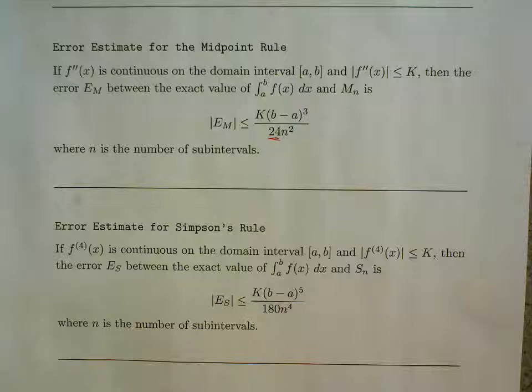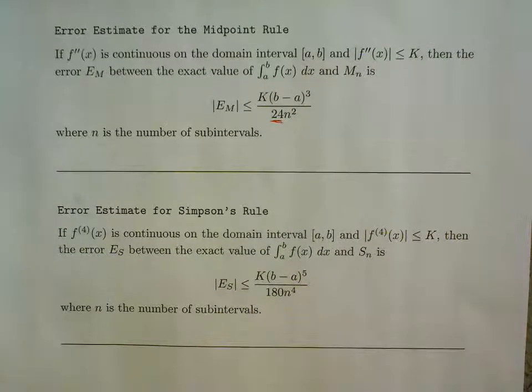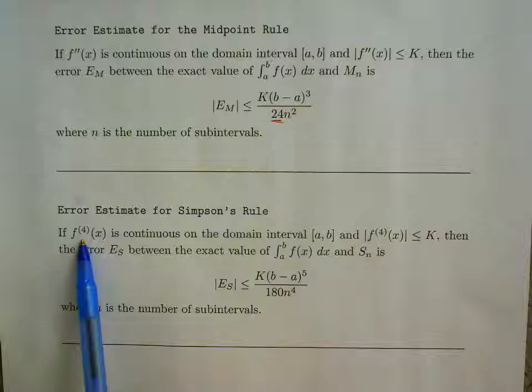Okay, the error estimate for Simpson's rule. Well, this one requires a little bit more work. This is the notation for the fourth derivative of the function f.